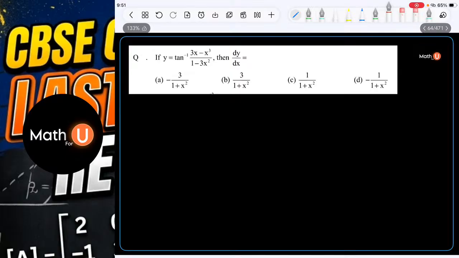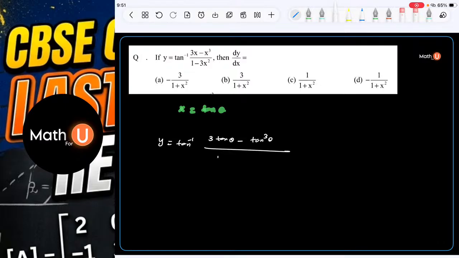Okay, let's discuss this question. Tan inverse. We should apply, in place of x, take tan theta. We get y is equal to tan inverse of 3 tan theta minus tan cube theta by 1 minus 3 tan square theta.